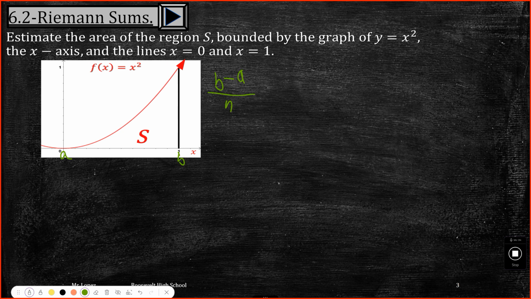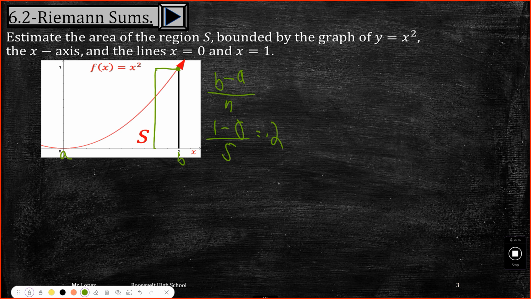Let's just do 5 for right now. We're going to say b is 1 minus 0, n is 5, which is 0.2. So the width is going to be 0.2, and it's going to be on the right. This is called a Riemann sum, and it's a right Riemann sum because I want the height on the right side, not on the left. So I'm starting here, and that's my rectangle.